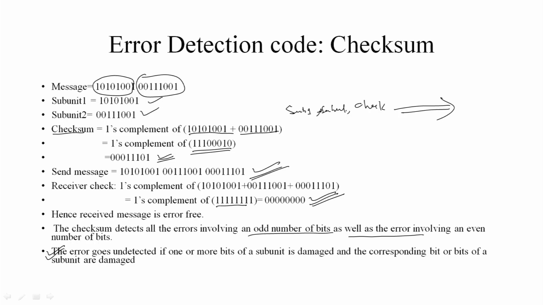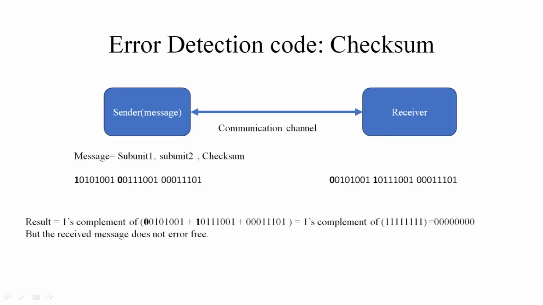Now the question is, suppose there is a change. When the sender sends a message to the receiver, the receiver receives the message with some bits changed. Here more than one bit is changed.